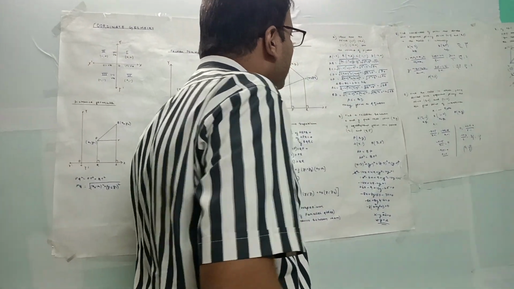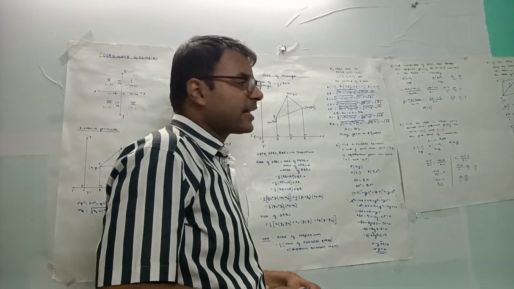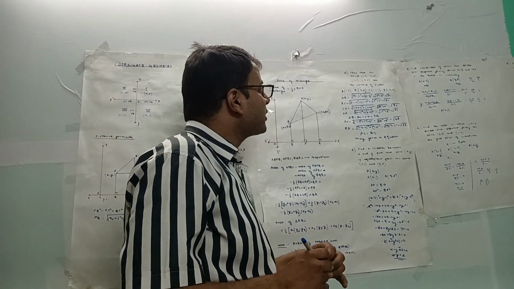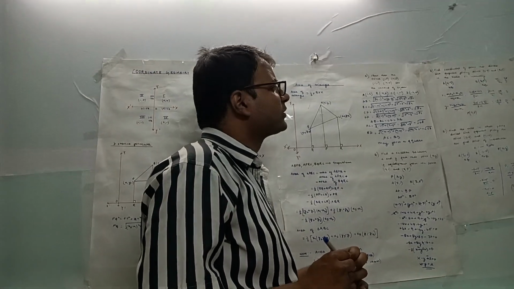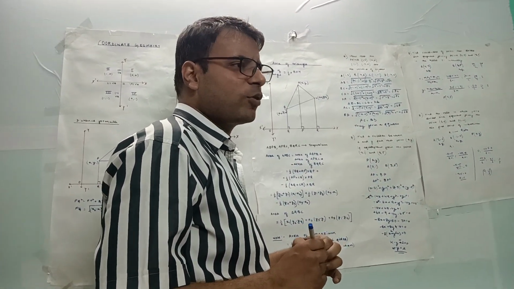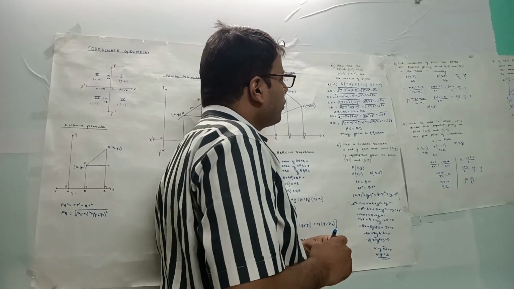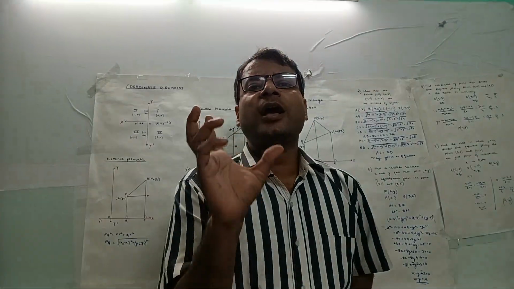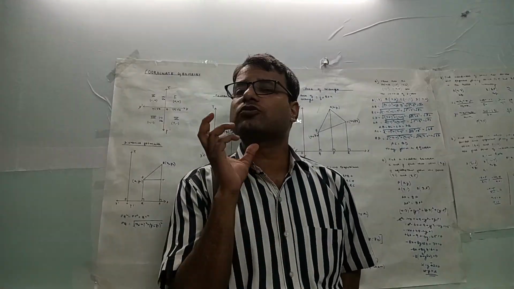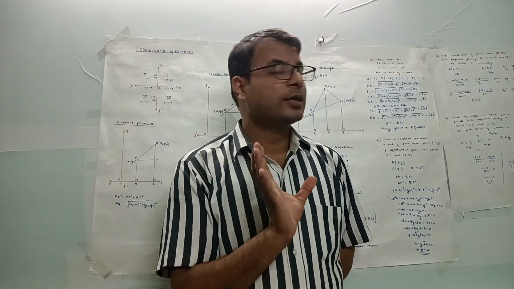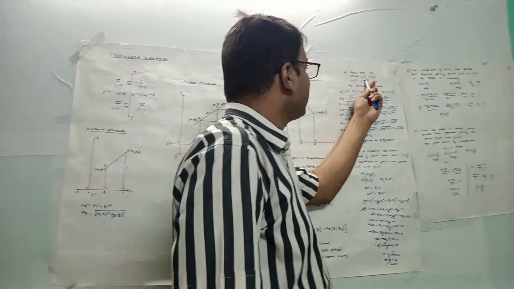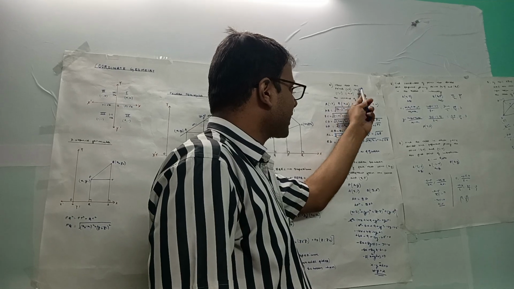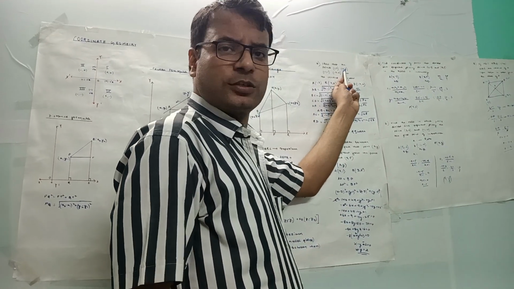So what do we have to do? Suppose the points are A, B, C, and D. The coordinates of A are (1, 7), B is (4, 2), C is (minus 1, minus 1), and D is (minus 4, 4). Using the distance formula, the distance equals the square root of (x2 minus x1) squared plus (y2 minus y1) squared. For A and B, (x1, y1) is (1, 7) and (x2, y2) is (4, 2).